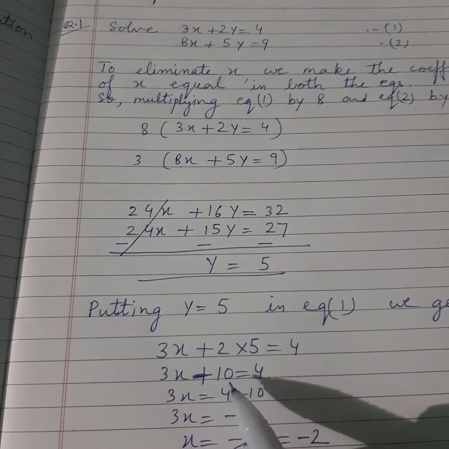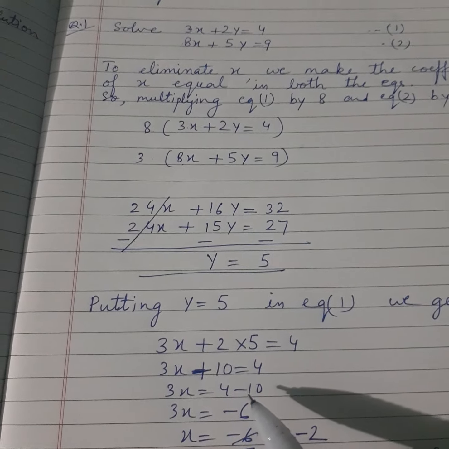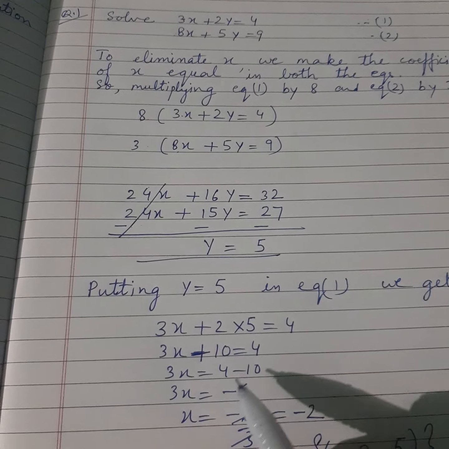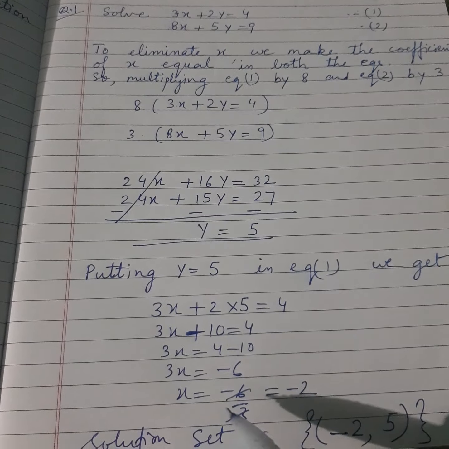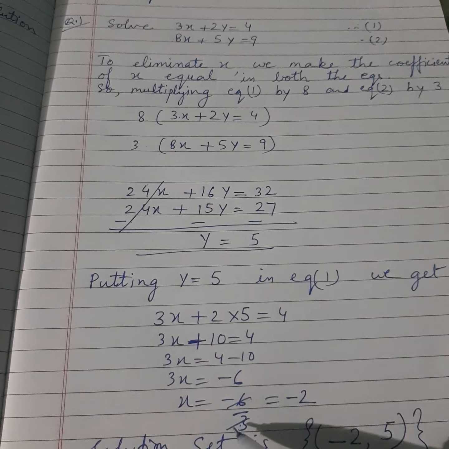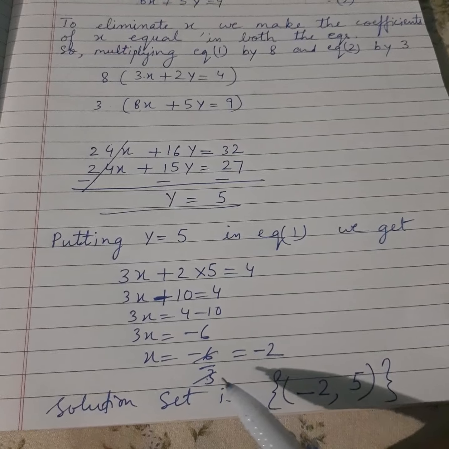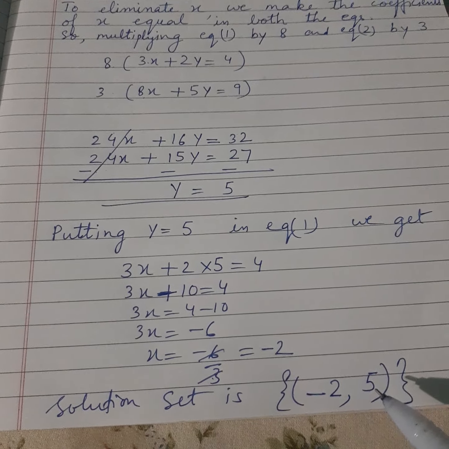So 3x is equal to 4 minus 10, which is minus 6. x is equal to minus 6 upon 3, so x is minus 2. So what is the solution set? x is equal to minus 2 and y is equal to 5.